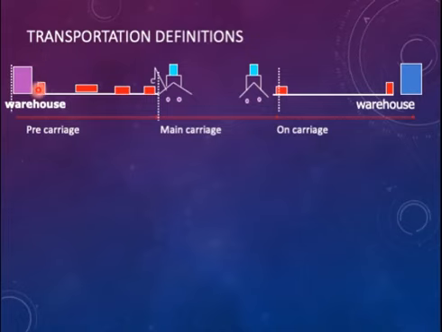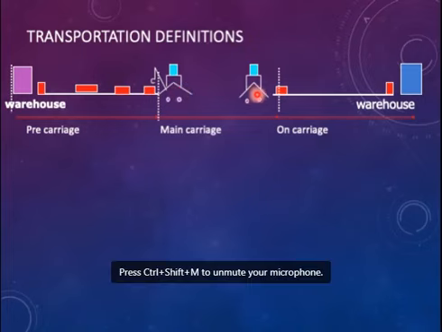So the carriage from the warehouse of the seller to the loading port, we call it pre-carriage. And the carriage from the loading port to the port of destination is the main carriage, okay? And the carriage from the port of destination to the warehouse of the buyer is called on-carriage.